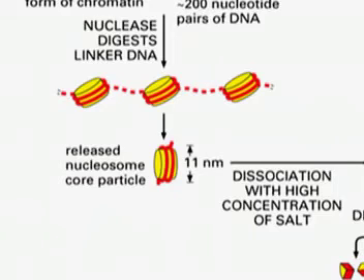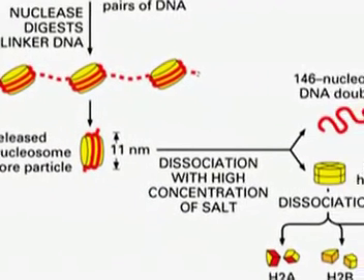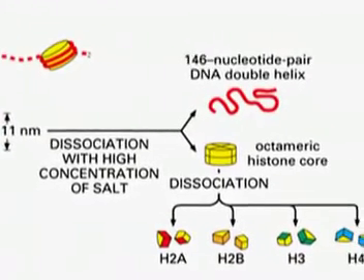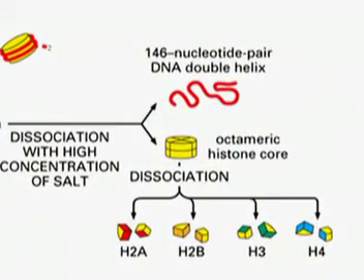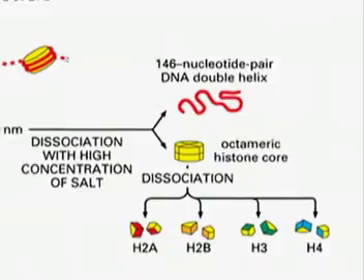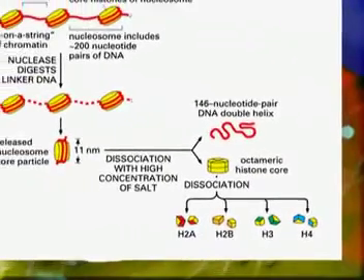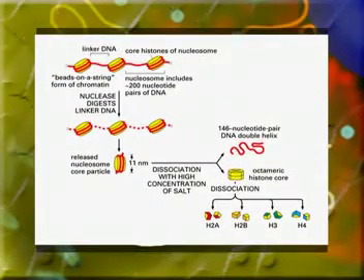Individual nucleosomes can be obtained by treating chromatin with micrococcal endonuclease, which cuts the DNA thread at the junction between nucleosomes. First, it releases groups of particles and then it releases single nucleosomes.